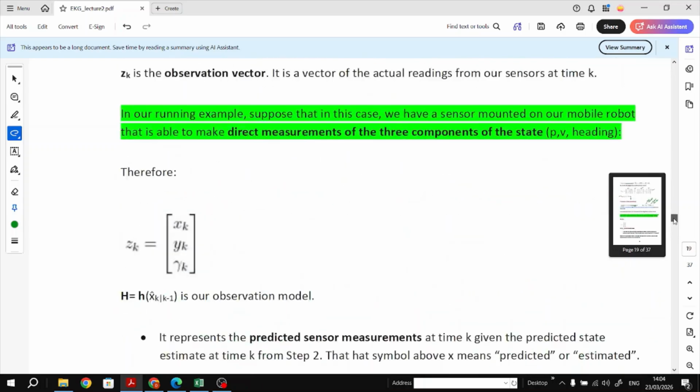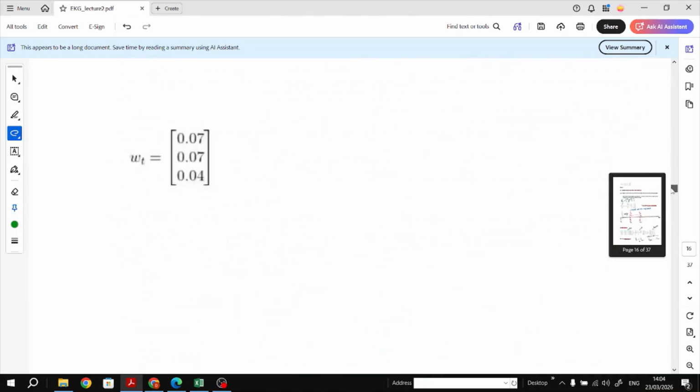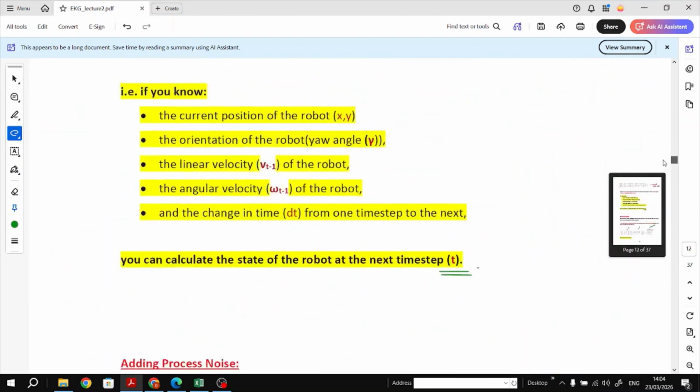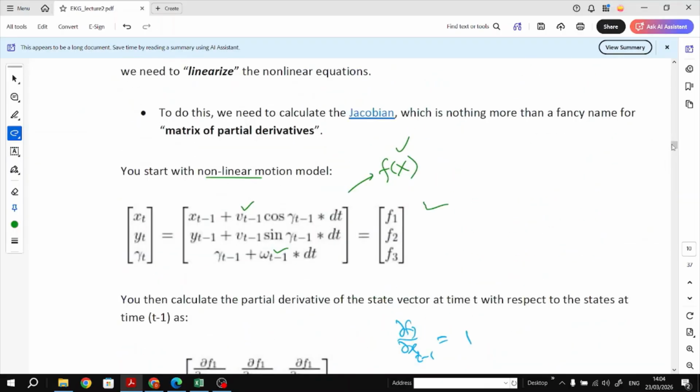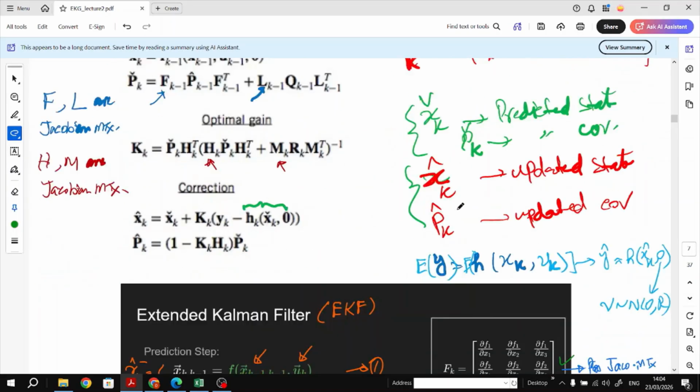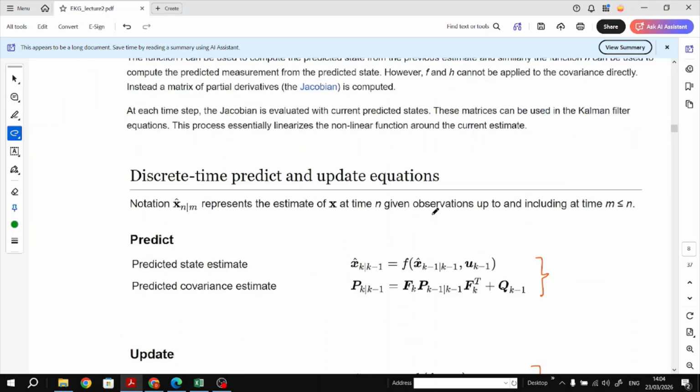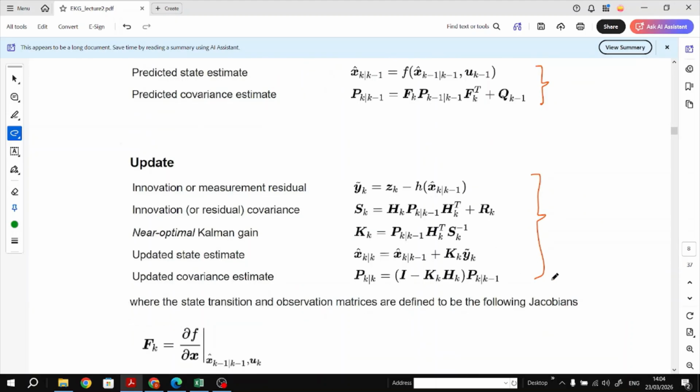Let me go to the previous slides. It has one more term. For example, here, this Kalman gain has this form where we incorporate this S matrix.